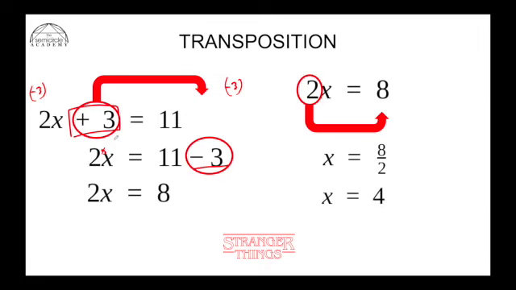Right? So this is just remembering in terms of transposition that once you fling something or you're transposing something across the equal sign, then the opposite is going to happen. Right? If it was an addition, it's going to become a subtraction. If it was a subtraction, it's going to become an addition.